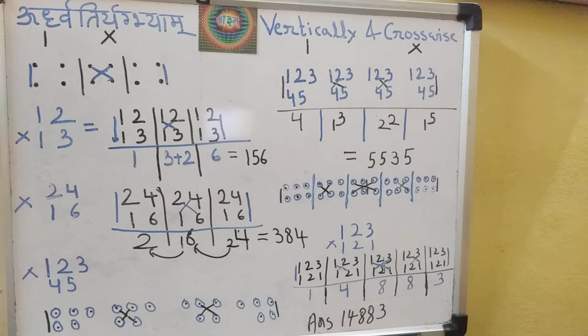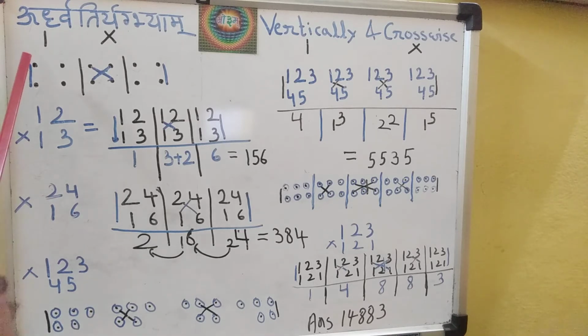First we take an example of multiplication of 2-digit numbers, 12 into 13. For this we have to remember the pattern of multiplication. First, these dots represent 2-digit numbers.